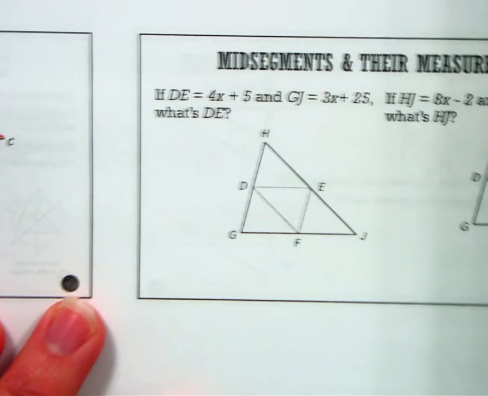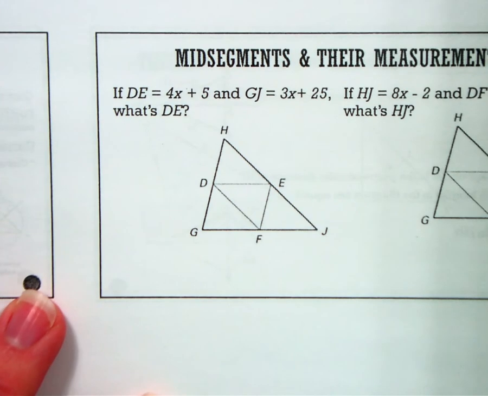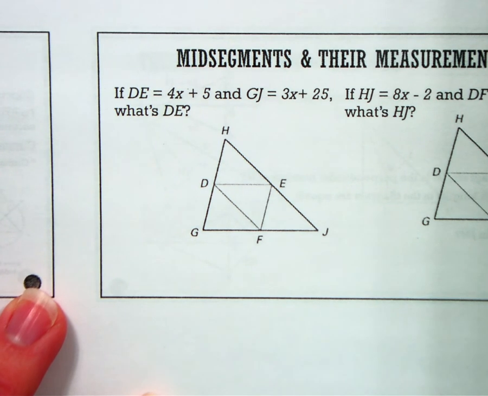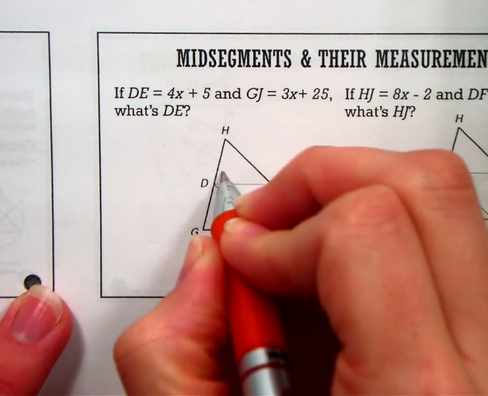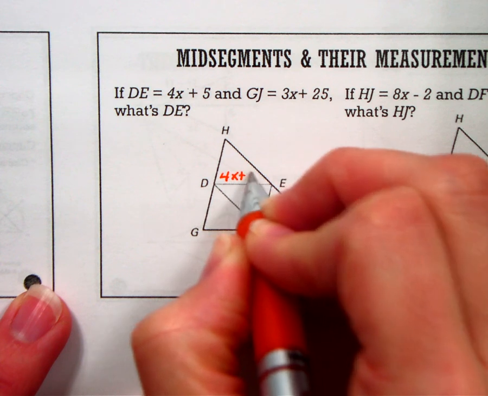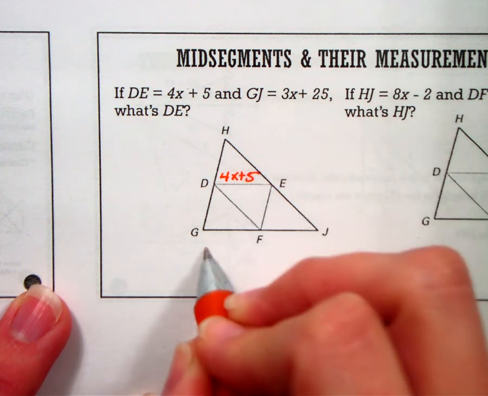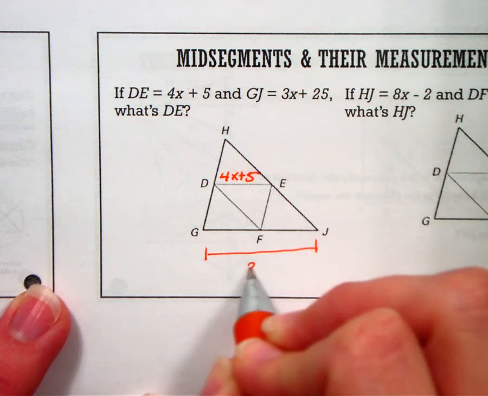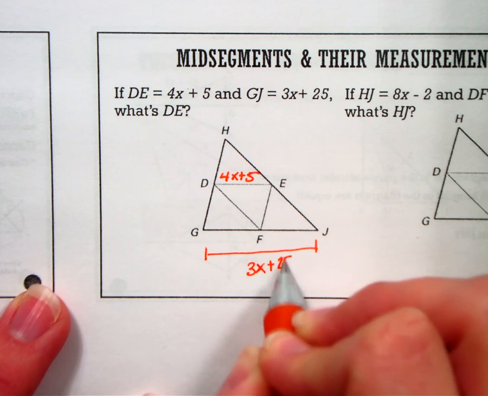Okay, so on the next one, you have 2 expressions. You don't have a number. Okay, a number is easy to divide by 2 or times by 2. When you have an expression, dividing by 2, I can just take that off the table. Okay, we're going to times by 2 using the smaller one. Okay, if you're using 2 expressions, this guy is 4x plus 5. That's the smaller one. And then GJ is 3x plus 25.